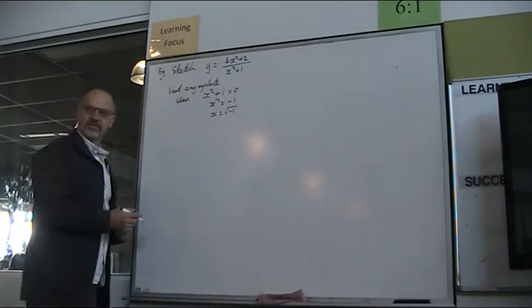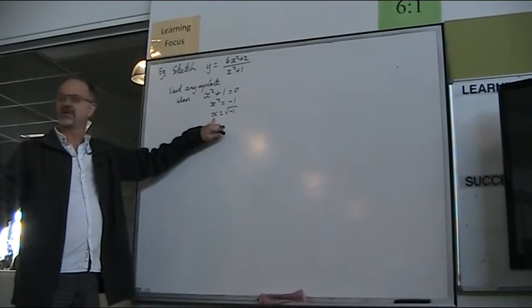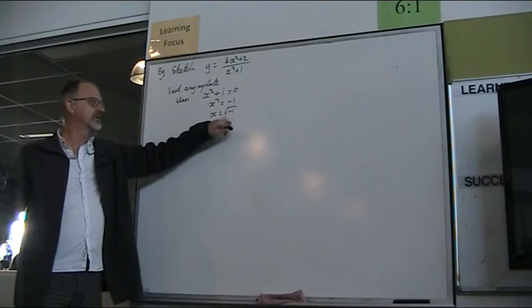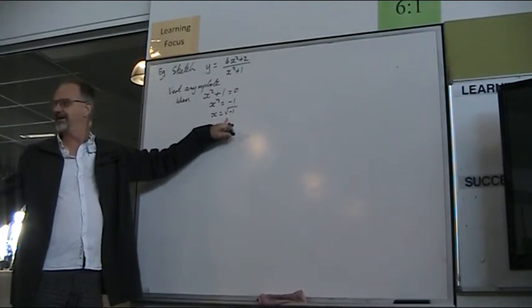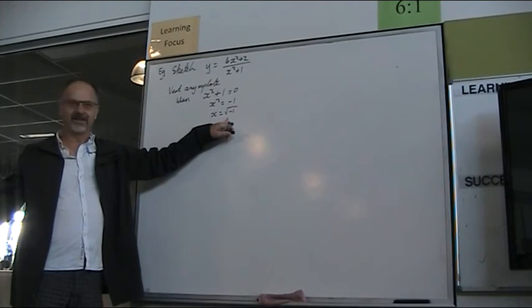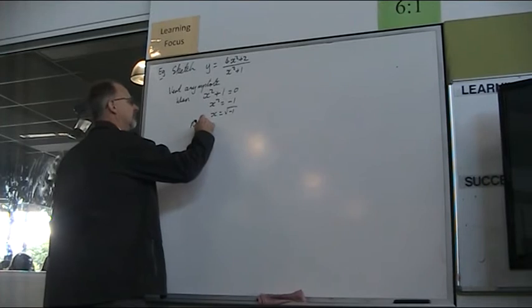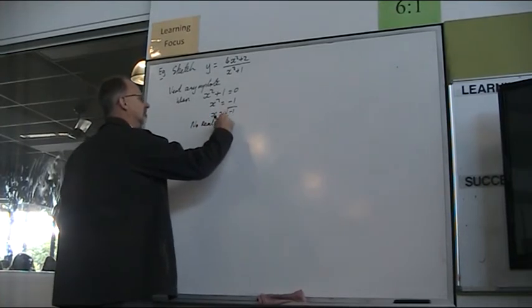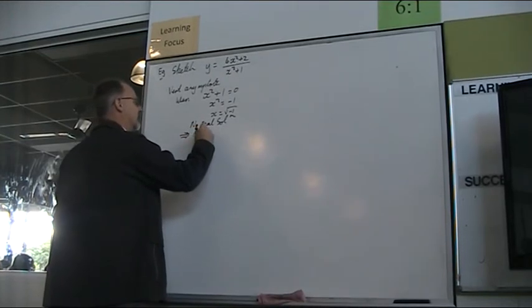Because the asymptote would be at x equals the square root of negative 1. In the real number field, there isn't, is there? All right, so no real solution. So that means no vertical asymptote.